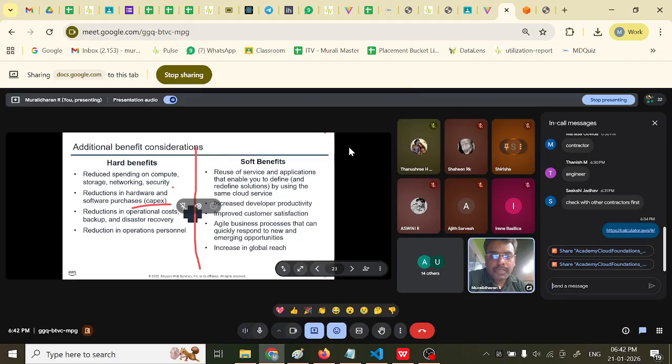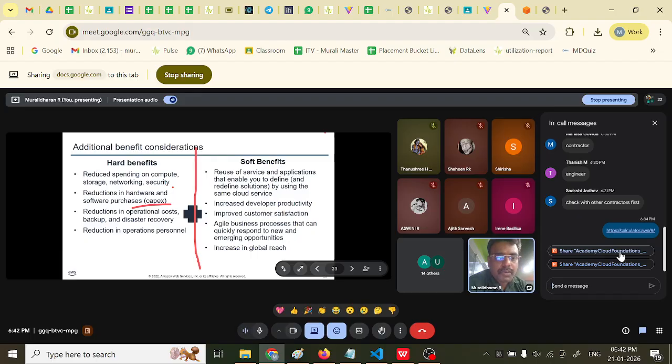What are the soft benefits? We can reuse all the services and applications that help you to define by using the same cloud services. Because of this, the productivity of the developer is increasing. Why? Because the developer used to build from scratch, but AWS already has all those templates and frameworks, right? So now developer productivity will increase. Next, customer satisfaction.